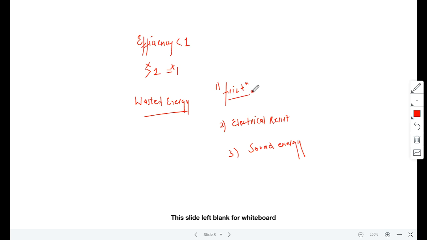By reducing the friction you can make the machine more efficient, and that's why mechanical machines generally get oiled regularly to reduce the friction. Or if there is vibration or some sound energy, then you can use dampers.